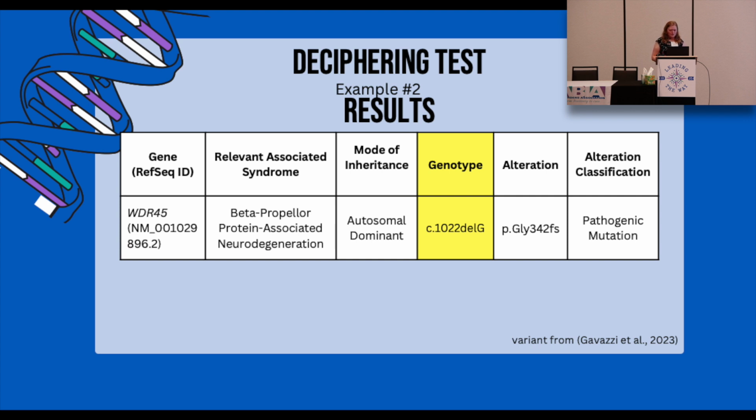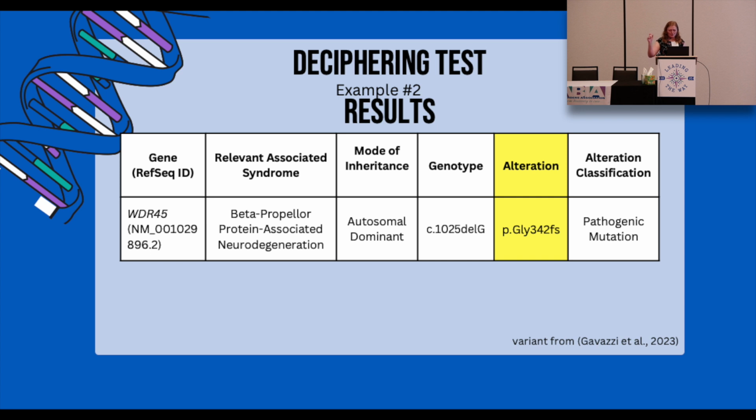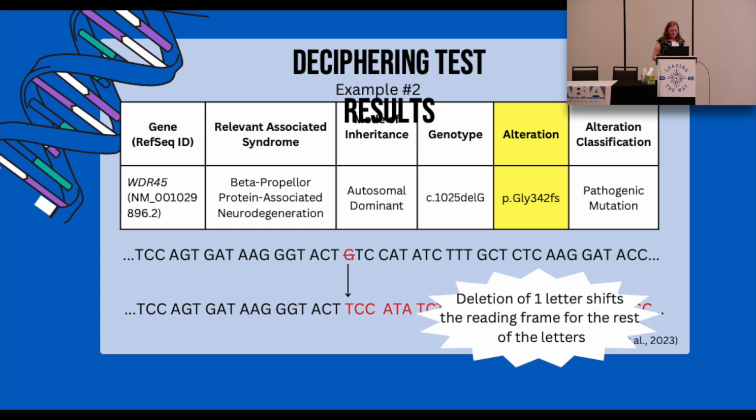And that changes this glycine that is typically there at 342, the 342nd word, to cause a frame shift. So we have this sequence, which is the actual sequence, and they have a G right there that gets deleted, and everything else beyond that shifts over 1, and it's completely differently translated than what was originally there.